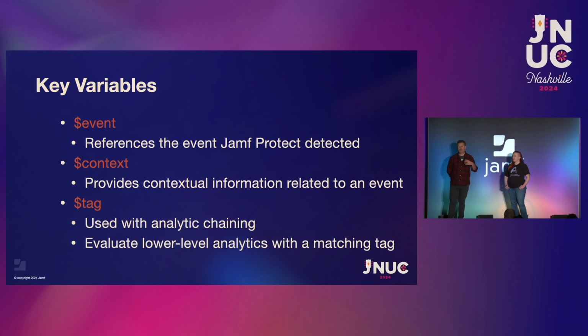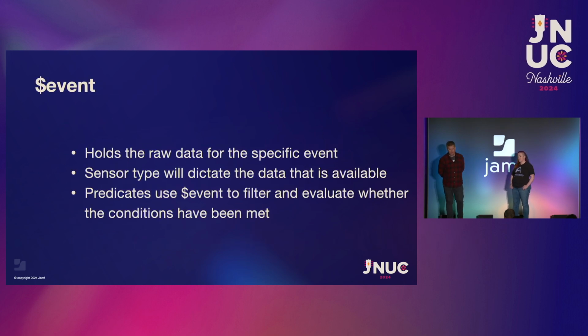Typically, it's used for the analytic chaining piece. So we start with $event. $event holds all the raw data from the event that happened for the analytic. So we can access $event and then create the predicate around this to evaluate whether the condition we're looking for has been met.